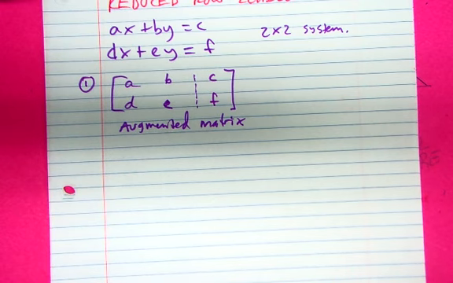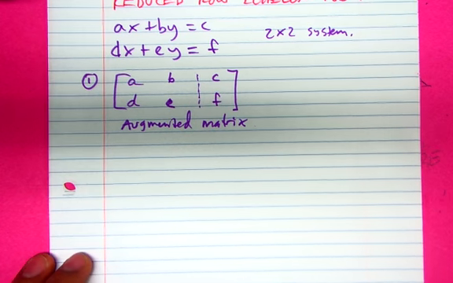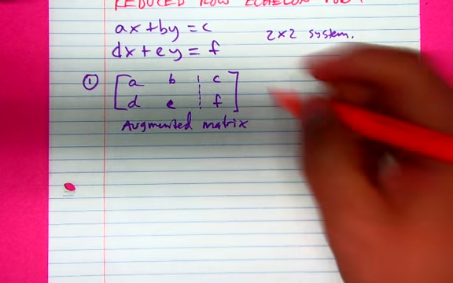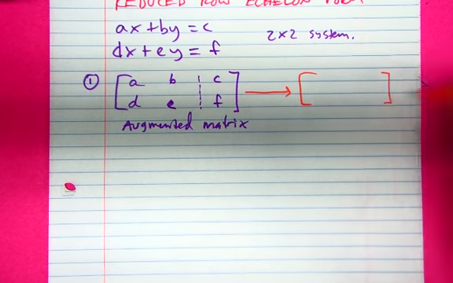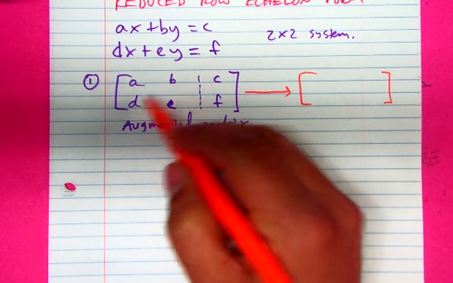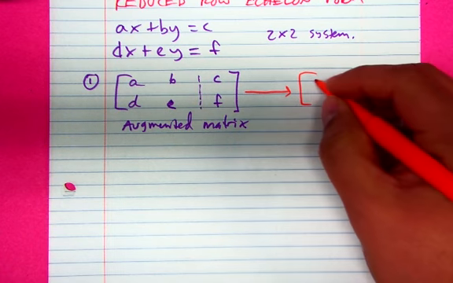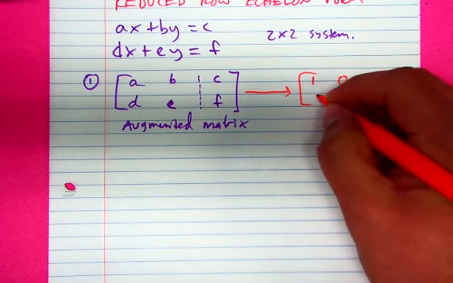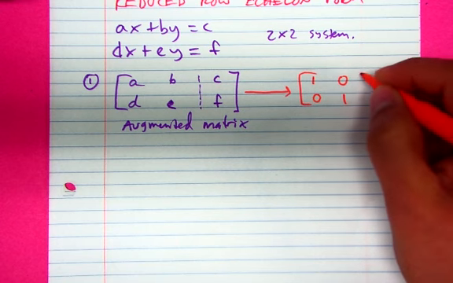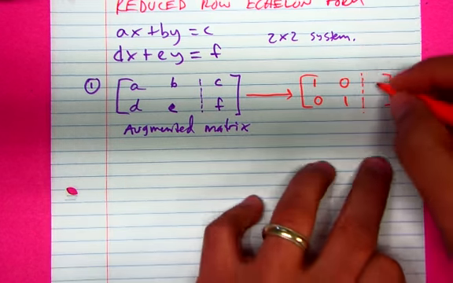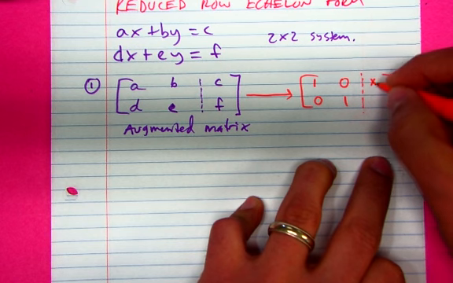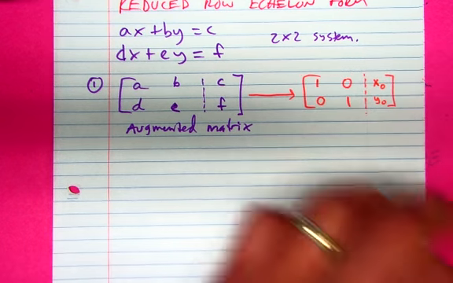Okay. Solving one of these systems by using reduced row echelon form is the process that takes this matrix, and instead of having A, B, D, E, we change it so that it's exactly 1, 0, 0, 1. And then now we have some new answer over here, which we'll call X naught, Y naught.